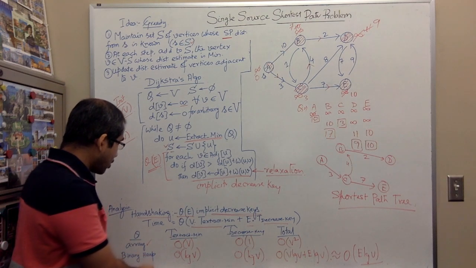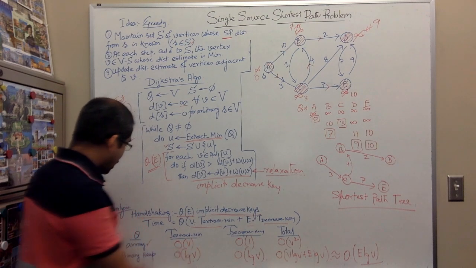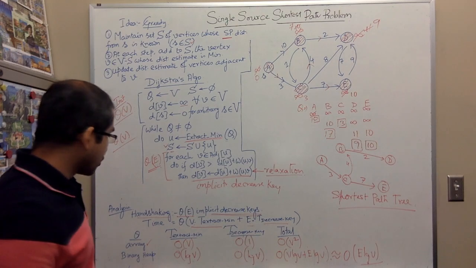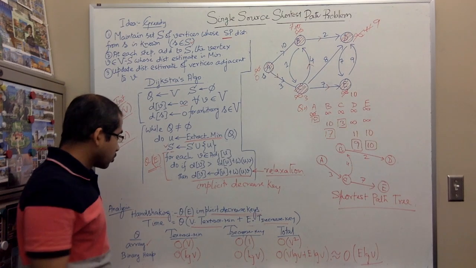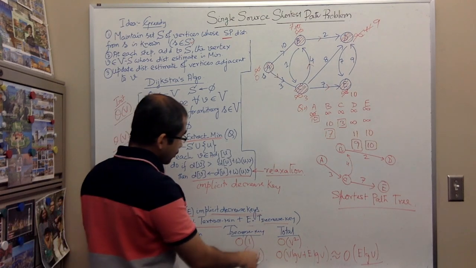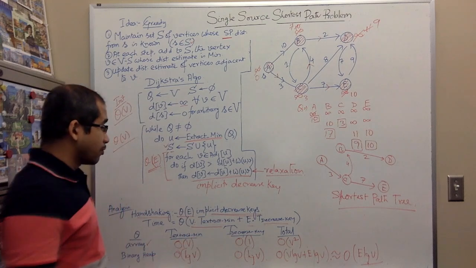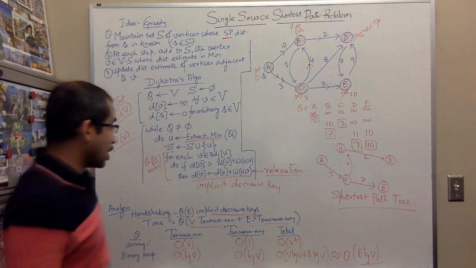If you use a binary heap, so the heapification and then you take out the minimum, that takes log V, and if you do the decrease key, you have to do reheapification, that will take another log V time.